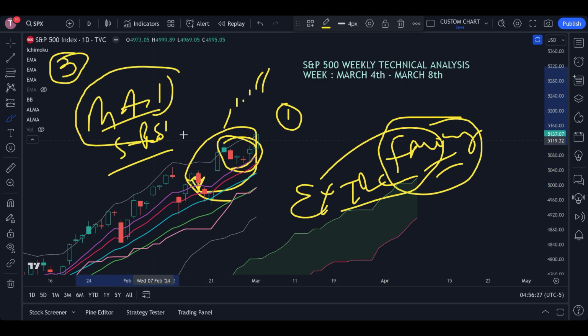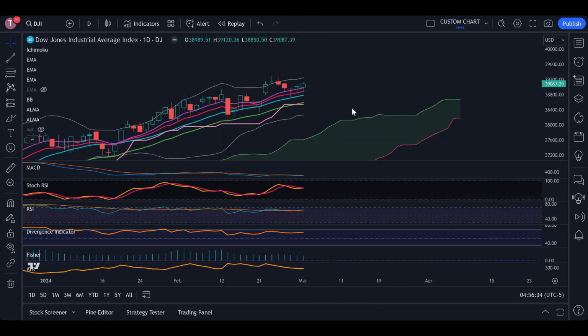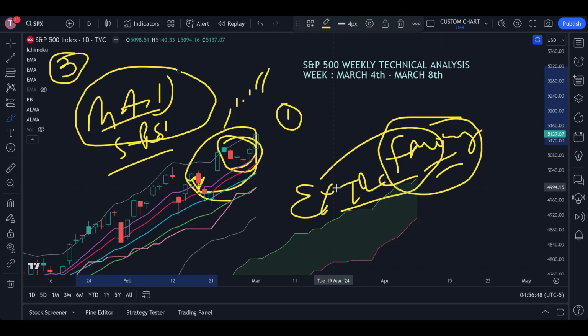This can clearly be seen through the MACD of the S&P 500. However, in the case of the Dow Jones, the MACD is still a bit linear or clear. I'm not saying that it is in a very good shape in the Dow Jones, no, but it is in a better shape as compared to the S&P 500.